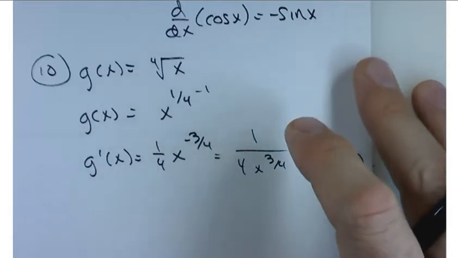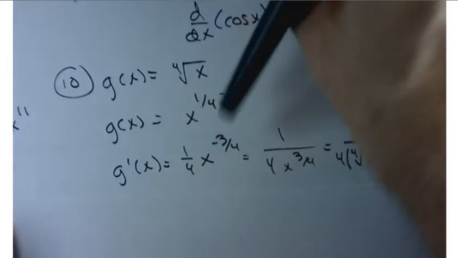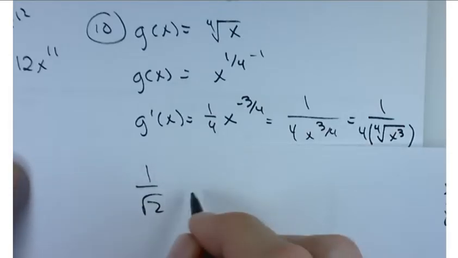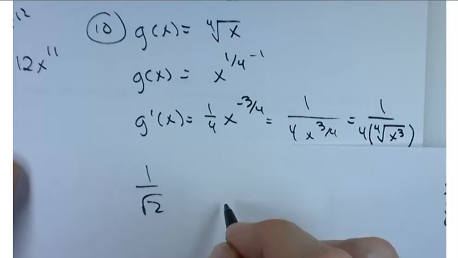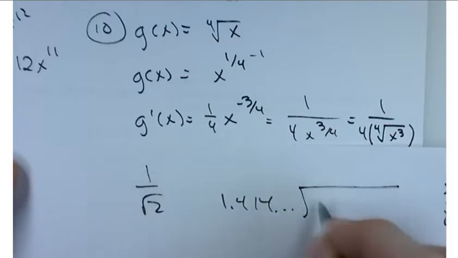Let's take a look at problem number 20. You know, part of the reason for that used to go back to the fact that we didn't have calculators. Because if you didn't rationalize something, it was a lot harder to do the division. Let's take a look at 1 over the square root of 2. If you wanted to do that long ways, it'd be 1.414, etc. into 1.